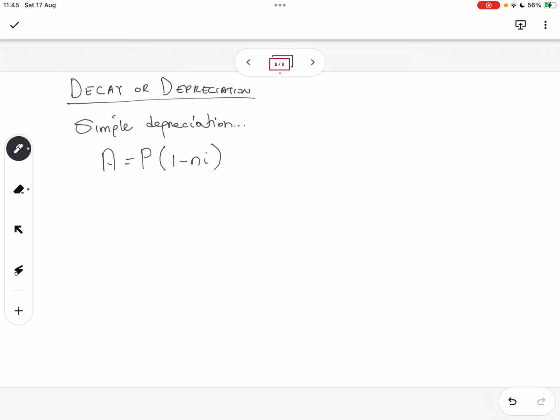So simple depreciation is given in this formula here, and it's also called straight line depreciation.